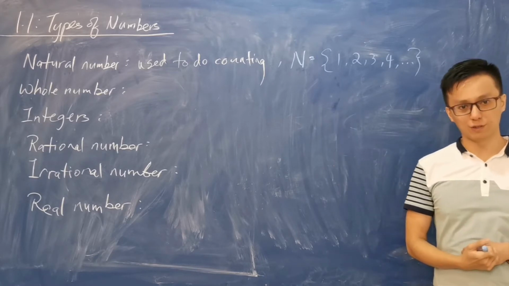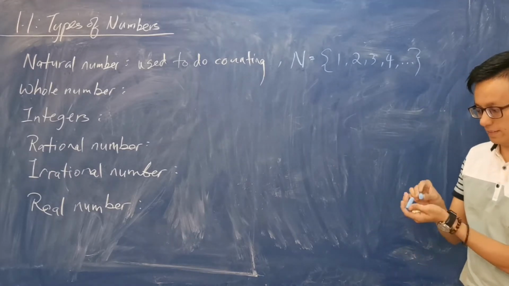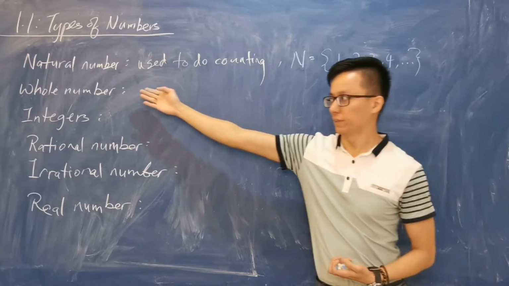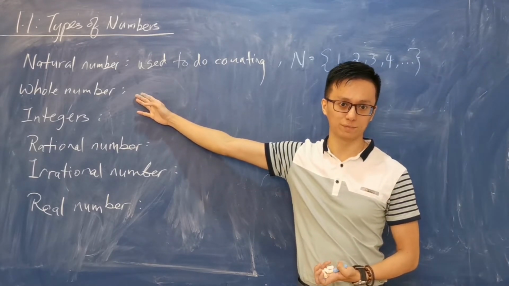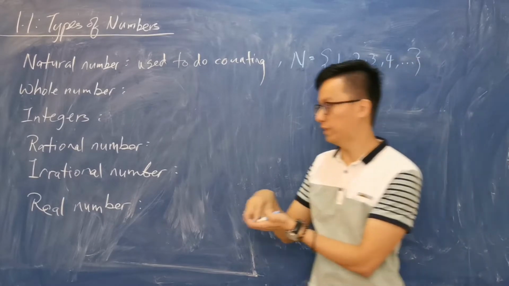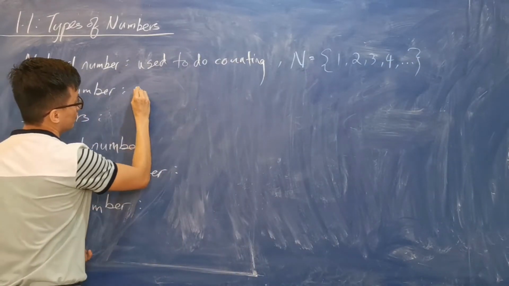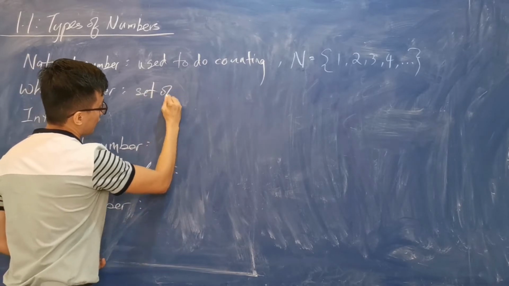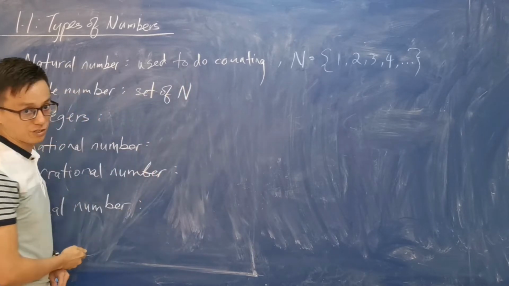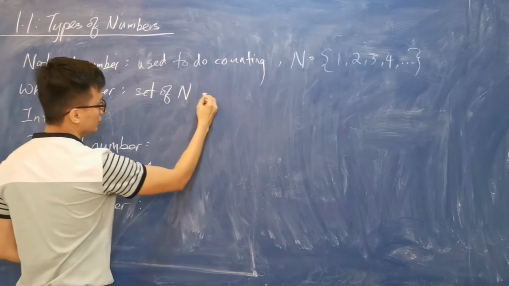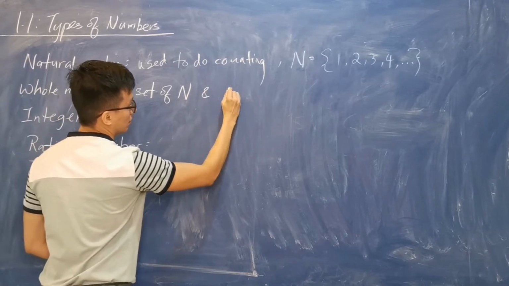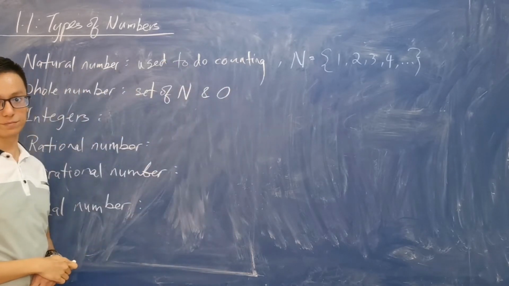So, how about the 0? The 0 is actually in whole number. That's why we say the whole number is the set of natural number and 0.